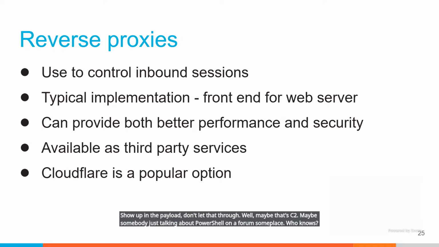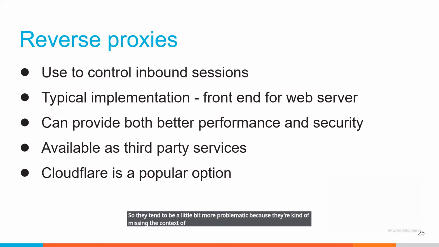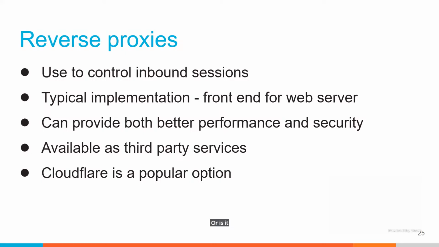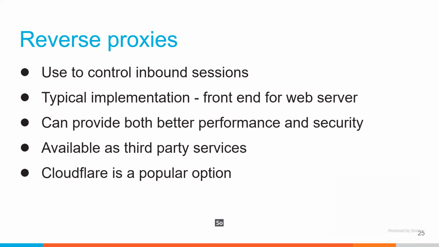They tend to be a little more problematic because they're missing the context of how that string of characters is being used. Is it being executed as a command or is it just part of a sentence? A lot of times packet filters miss that because they're just doing pattern matching. So can they look for C2? Yeah, they can. But sometimes pattern matching isn't enough to always be able to find it.